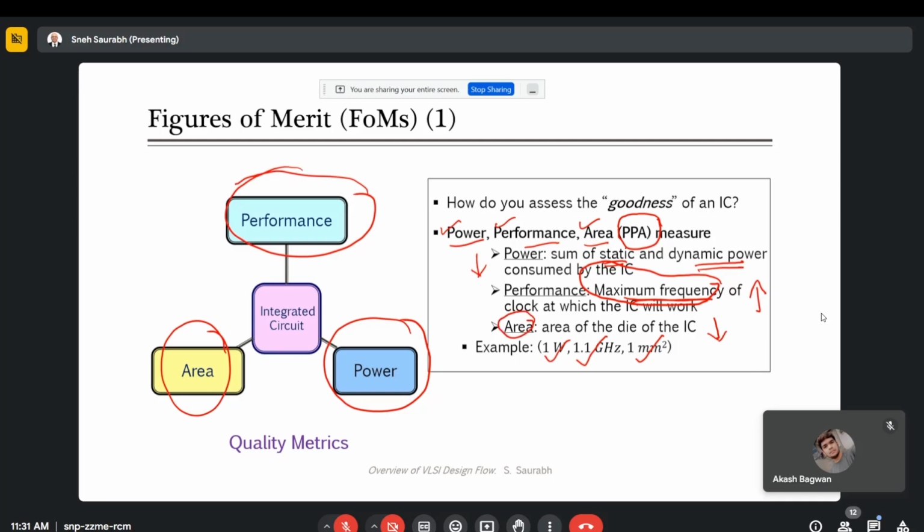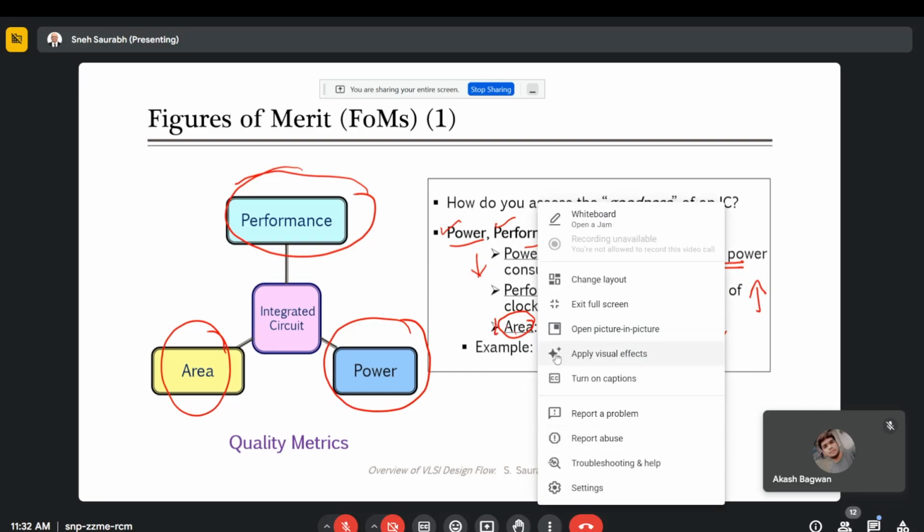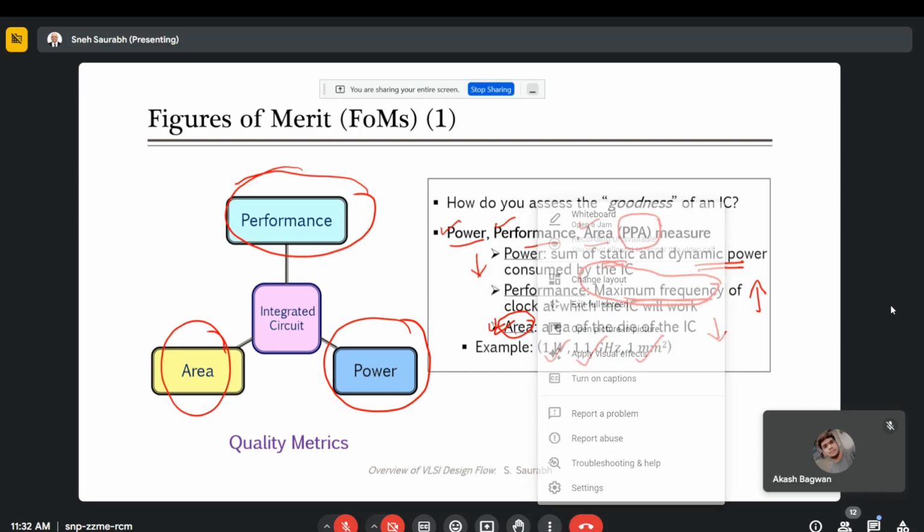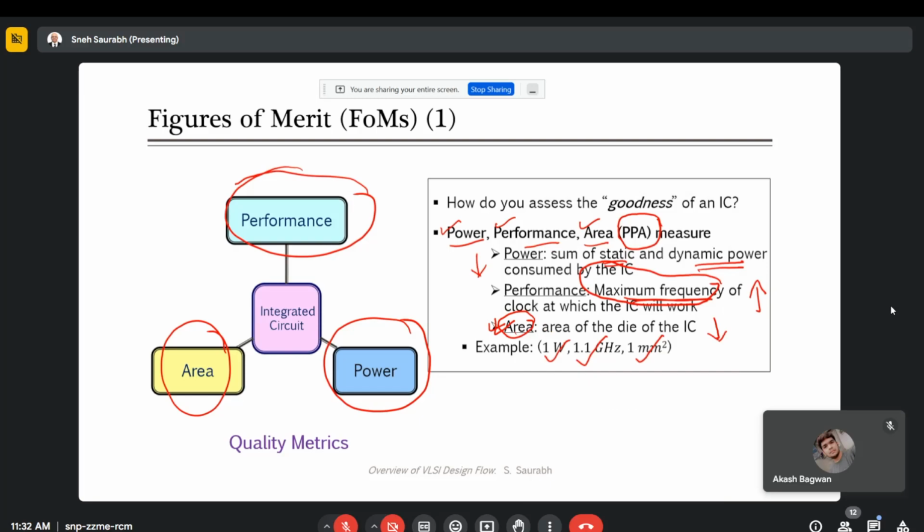So one figure of merit improves, the other can actually get worse. The performance can become better, but the power and area get worse. On the other hand, if you try to reduce the area, the performance of a chip may come down, maximum operable frequency may come down, right?